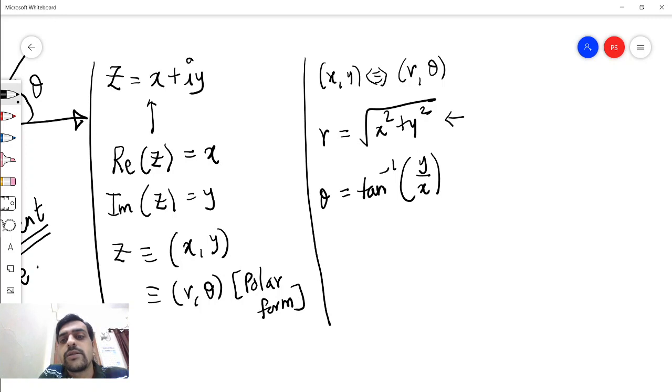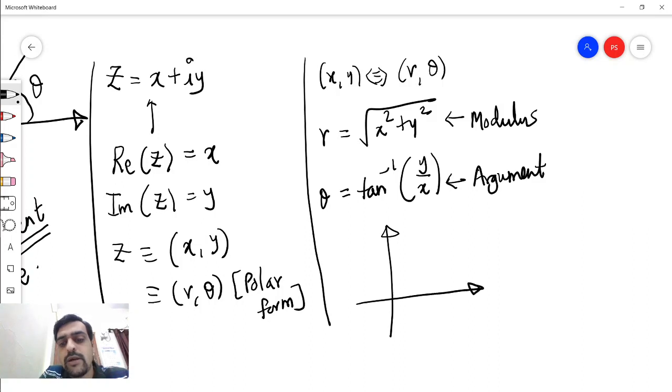This is called the modulus and this is called the argument. And we have to remember that theta is always measured in anti-clockwise manner with respect to the positive x-axis.